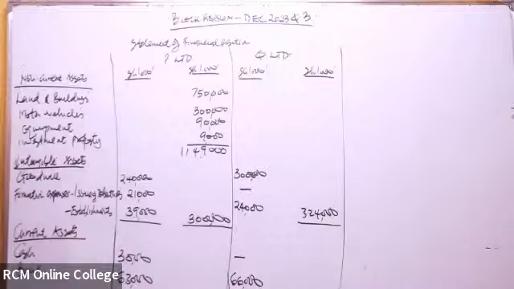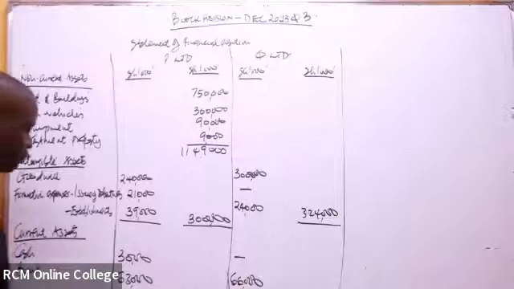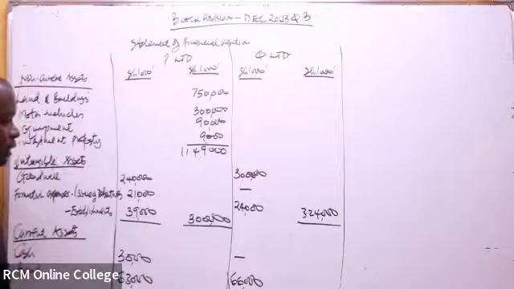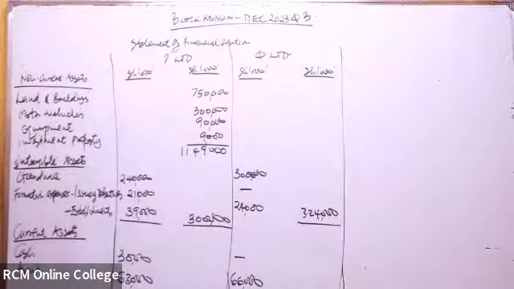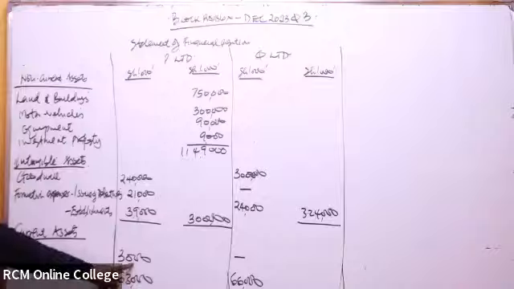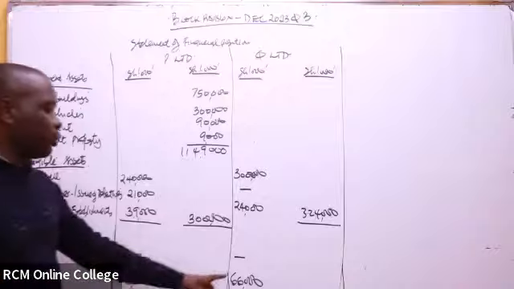So hope you are able to see there. I can see it is already full. So you have cash 3 million, which went to P Limited only, so it didn't go to Q Limited.